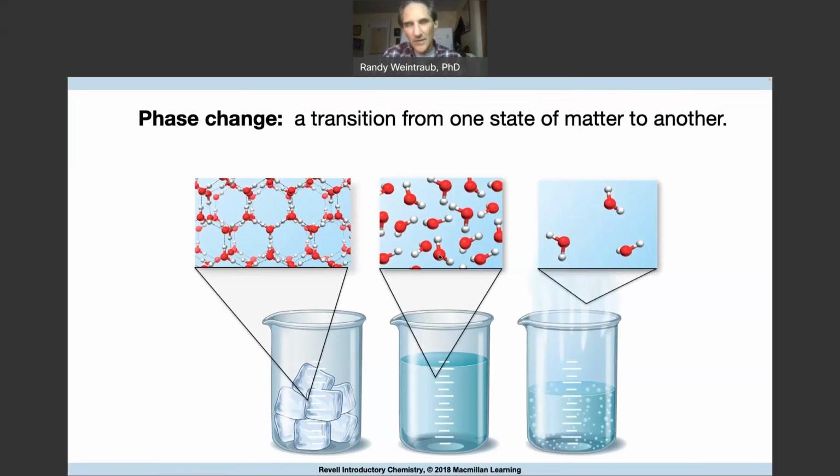And with more energy, the molecules are able to break away from the interactions among themselves and move more freely, transitioning into a gas.